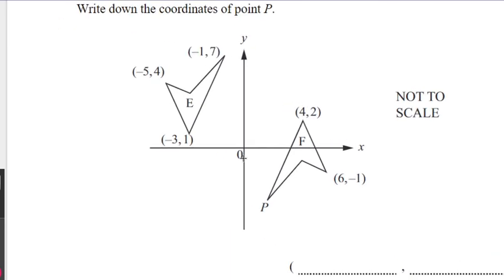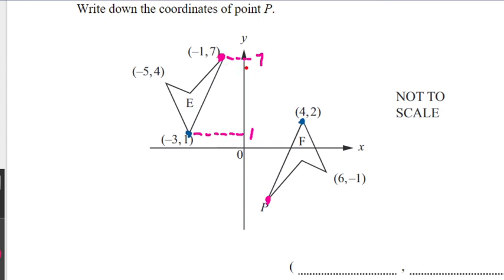If you see carefully here, this point here is this, isn't it? And this point here, okay, maybe I use a different color. This point here is this, right? Okay, let's see. The Y value here is 1, right? Here the Y value is 7.